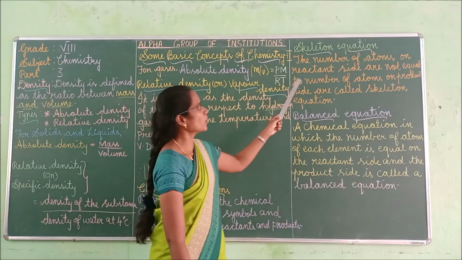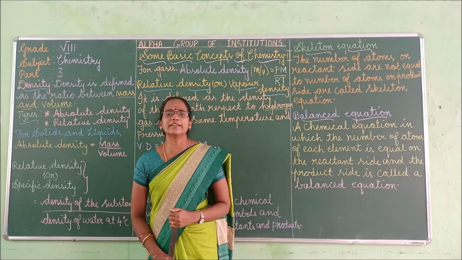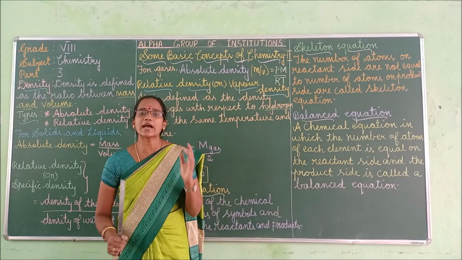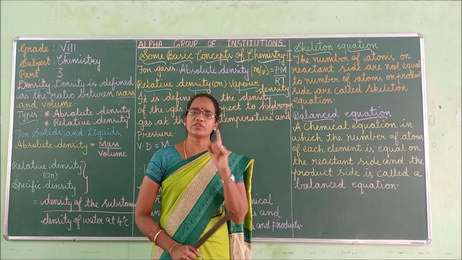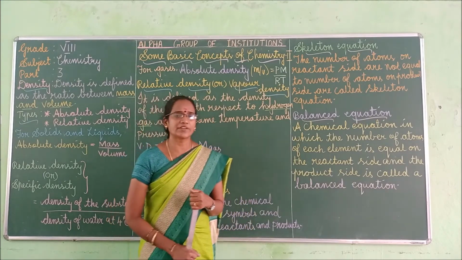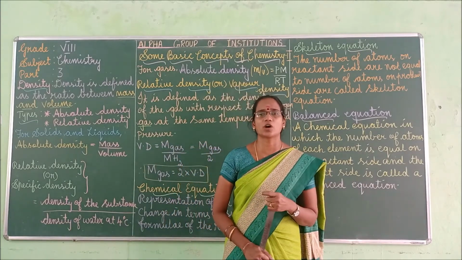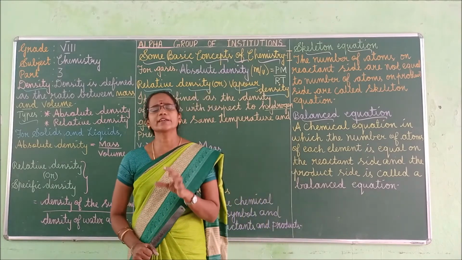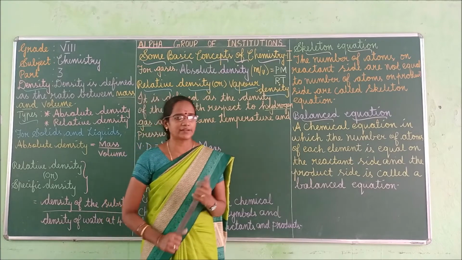Next one is the skeleton equation. What is meant by a skeleton equation? A skeleton equation is an unbalanced equation. Already we learnt in the first video, according to the law of conservation of mass, the total mass of the products is always equal to the total mass of the reactants.